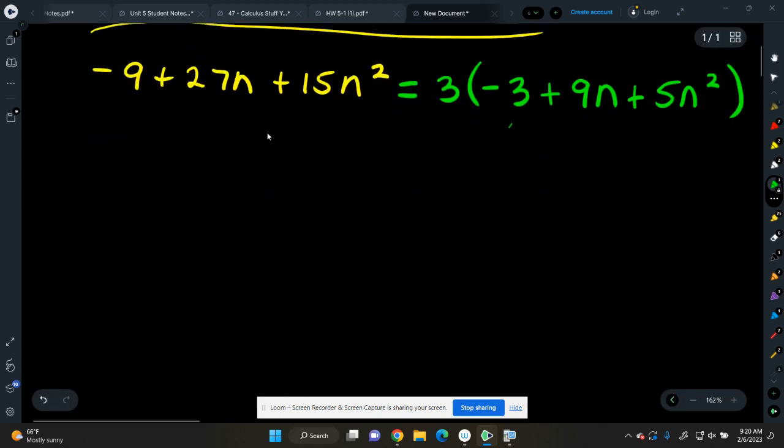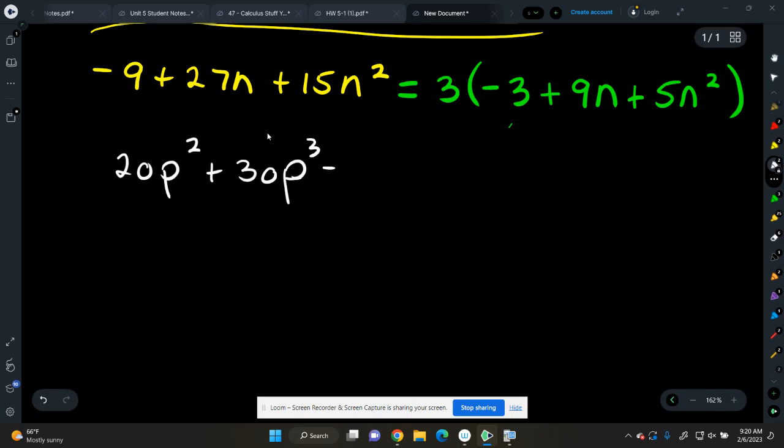Okay, let's look at another one. 20p squared plus 30p to the third minus 30p to the fifth.